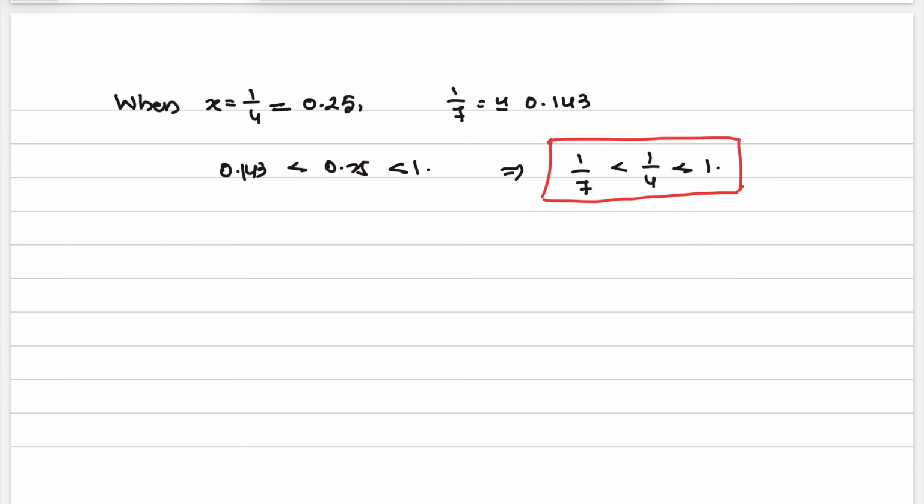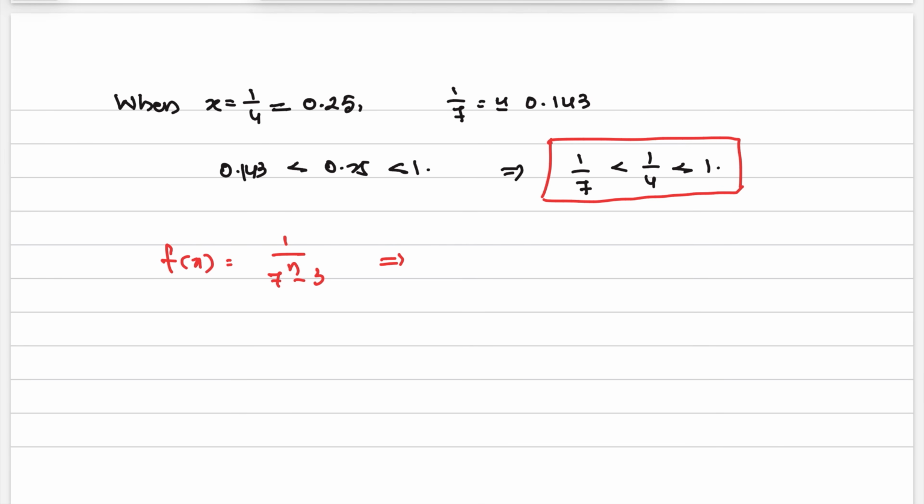Because function x is involving 7 and 4. 1 by 4 is the answer alternative given. 7 is there in the function x. Hence I have taken 1 by 7, 1 by 4 and 1. Now tell me, function x is given as 1 by 7 to the power of n minus 3.